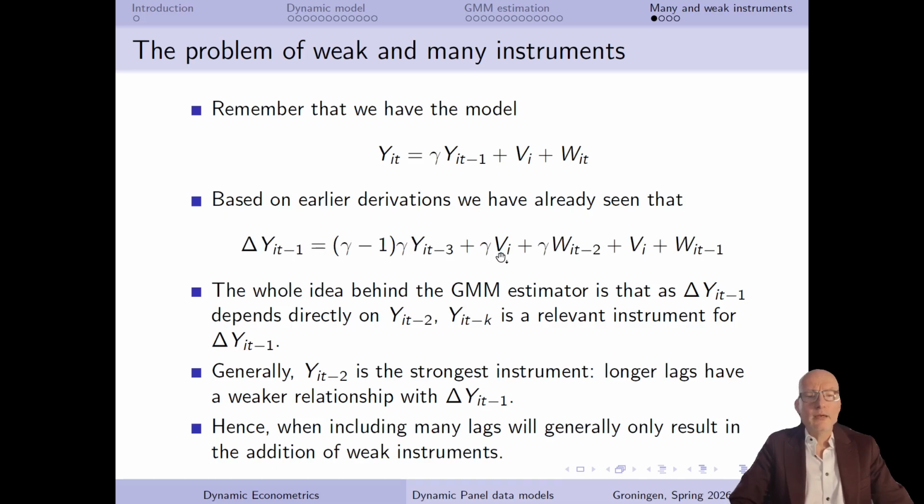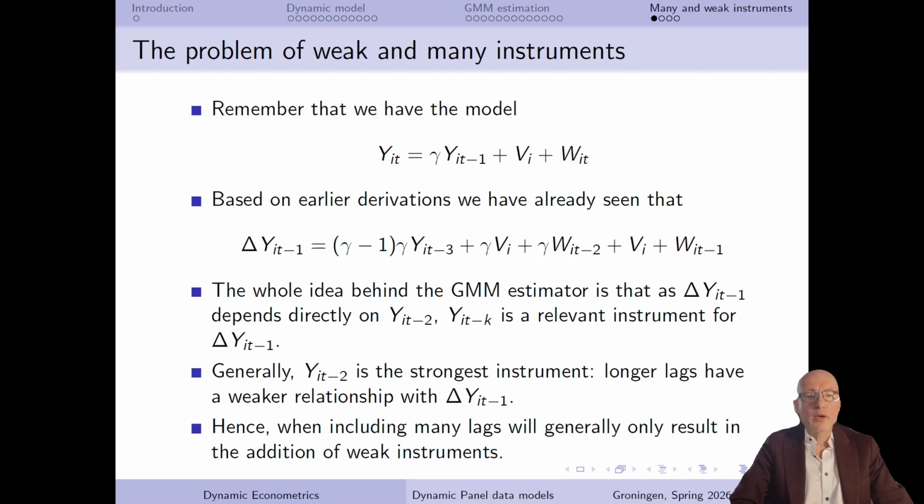What does this mean? That means YIT minus 3 still is a relevant instrument, but the relevance is weaker than what we had with respect to YIT minus 2. We can of course go on, and now substitute in the value for YIT minus 3.